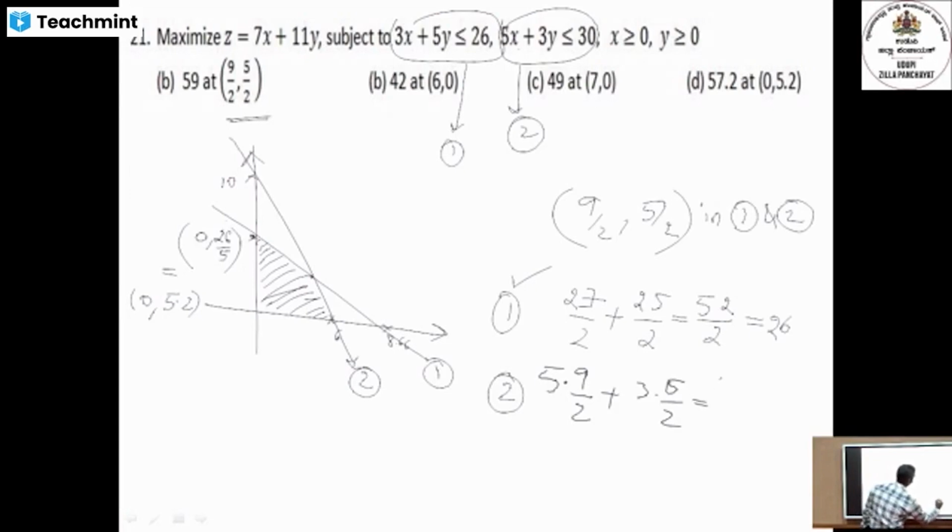So that is 45 plus 15 divided by 2, equal to 60 by 2, equal to 30. So the second equation is also satisfied. So this point is nothing but (9 by 2, 5 by 2).